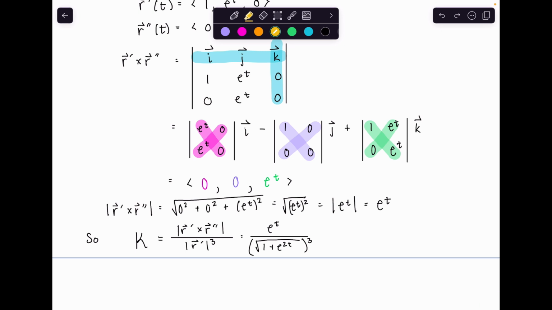So you can see for this function, the curvature depends upon the point you're at. It's going to be different for each value of t. So something you might be asked to do is find the max curvature of this function. Well, this is a single variable function. So if you want the max, you would have to take the derivative, and then you'd have to find where that derivative is equal to 0 or undefined.